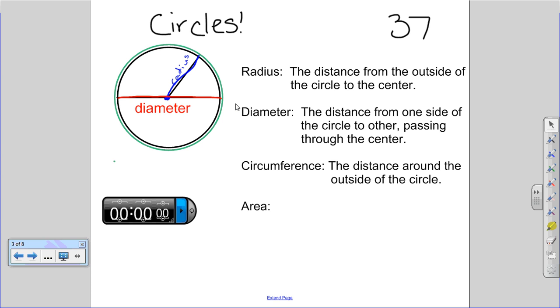And hopefully someone wonders, why is it called circumference and not the perimeter? Because we said last week that the perimeter was the distance around the outside, and now we're saying circumference is a distance around the outside. Well, that gets a little bit technical, but really we can just say that circles are special. So they get their own word.